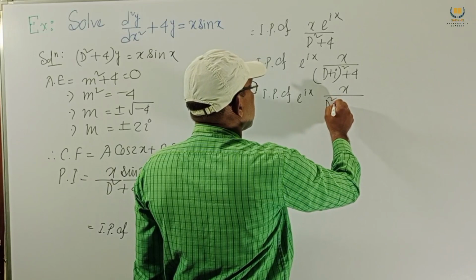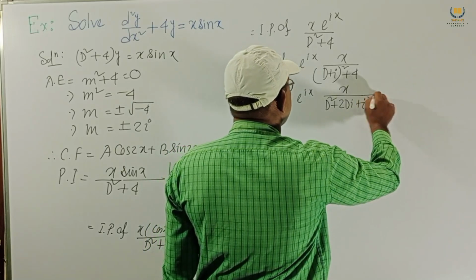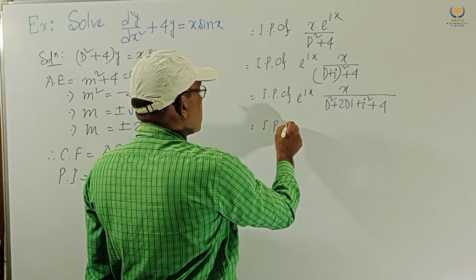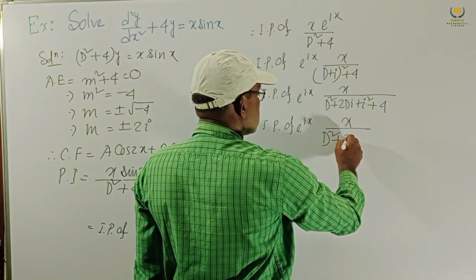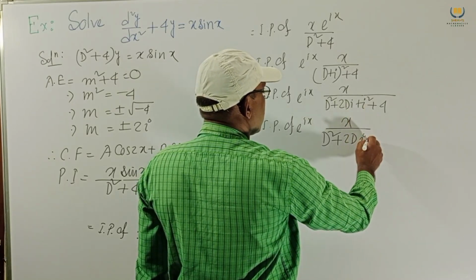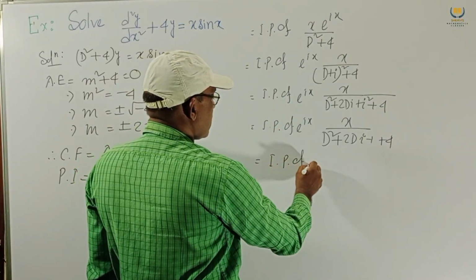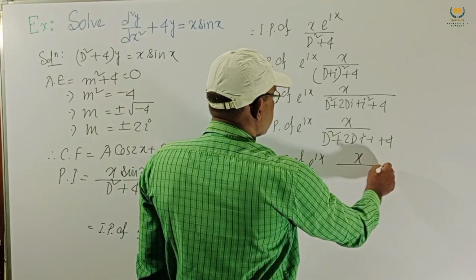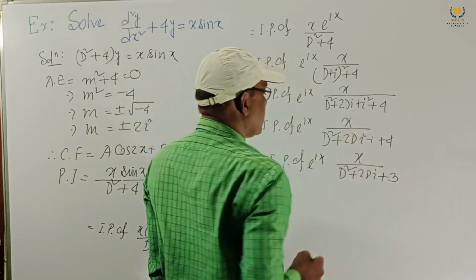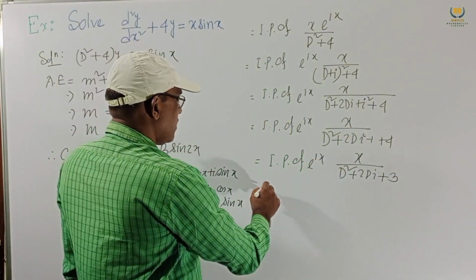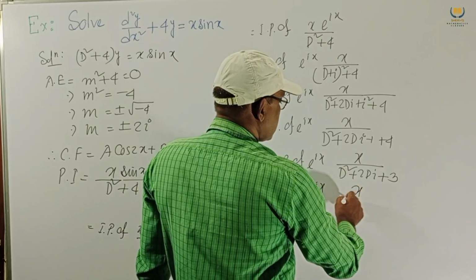This is the imaginary part of e to the power ix times x by D² + 2Di, with i² = -1, so -1 + 4, which is D² + 2Di + 3.